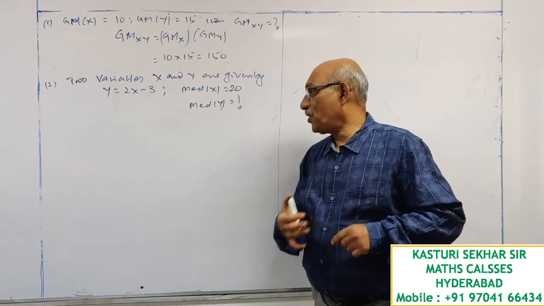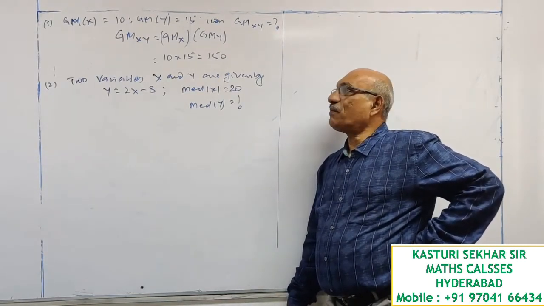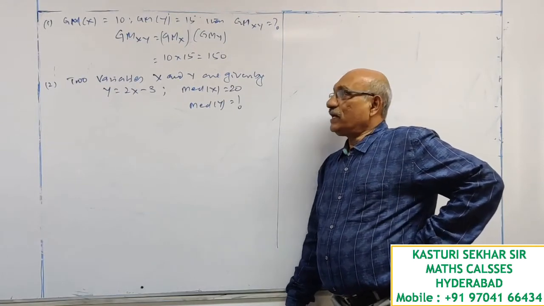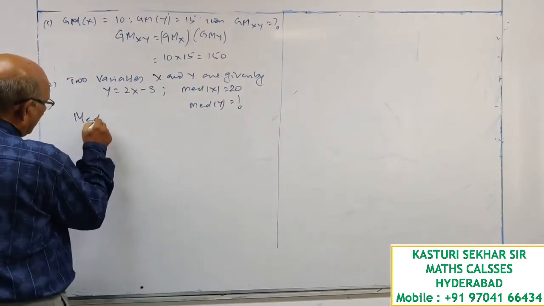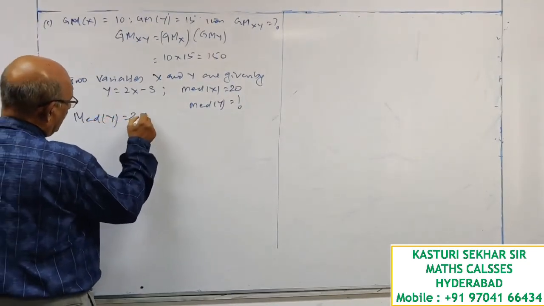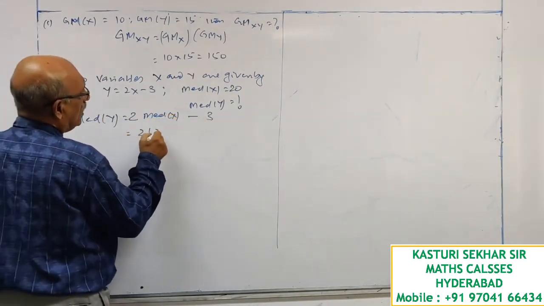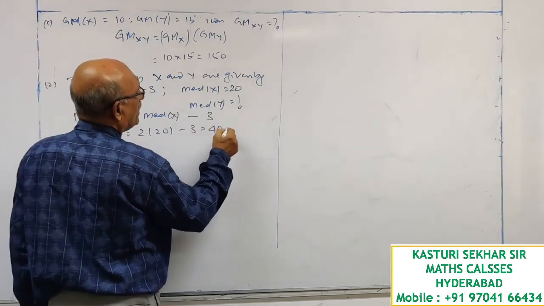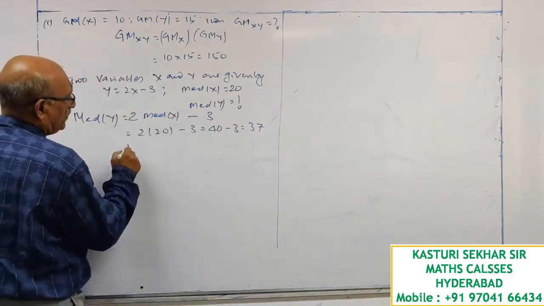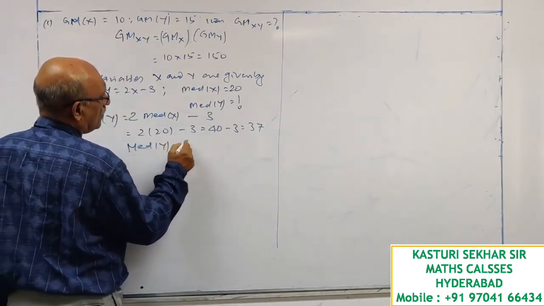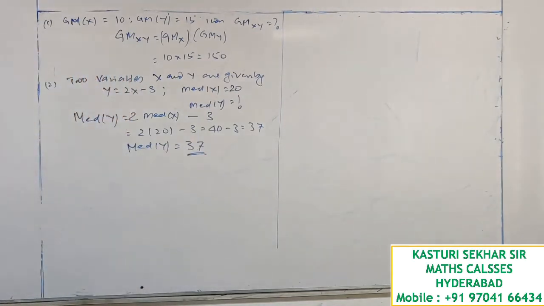So median of y is equal to 2 into median of x minus 3, 2 into 20 minus 3, 40 minus 3, this is 37. Median of y is equal to 37.